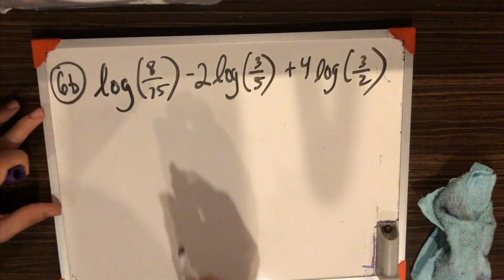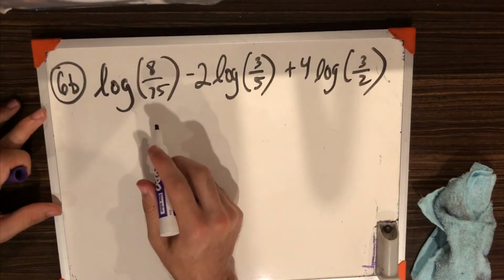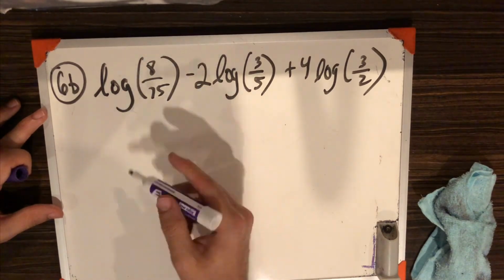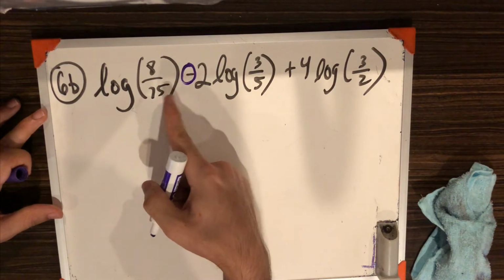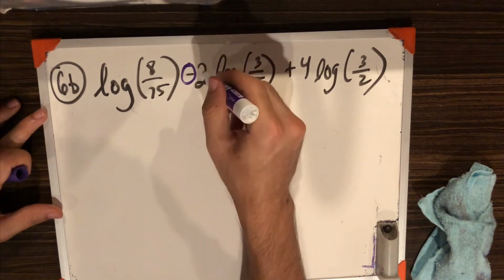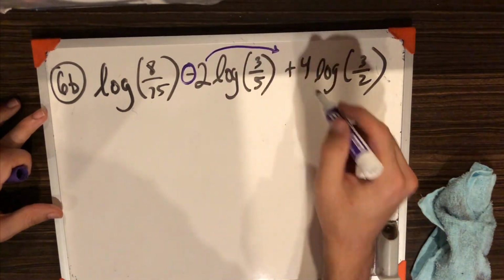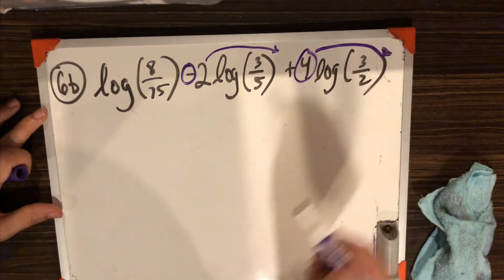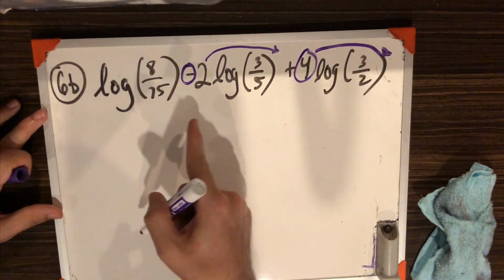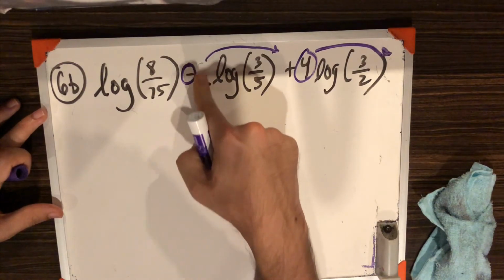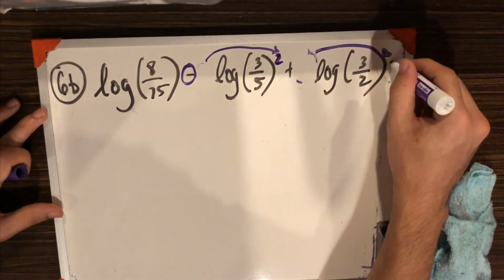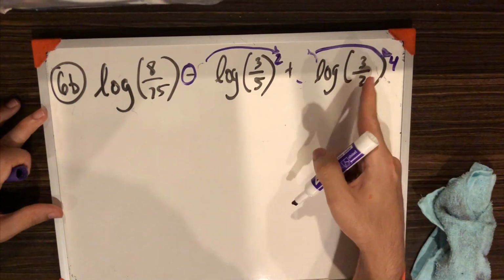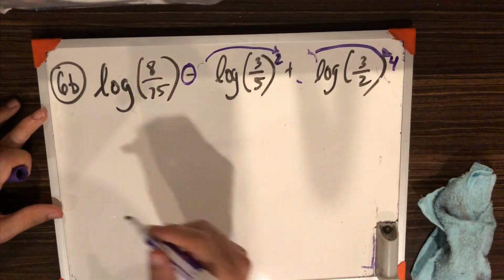6b, very similar to the last problem that we did. Before we start, again, we want to write this as a single logarithm. We're dividing here since we're subtracting. We do want to use the power law to our advantage here. Also here, we can use the power law. So instead of putting this up front, we can put this in the back. So we're taking this to the 4th power. We're also taking this to the 2nd power.